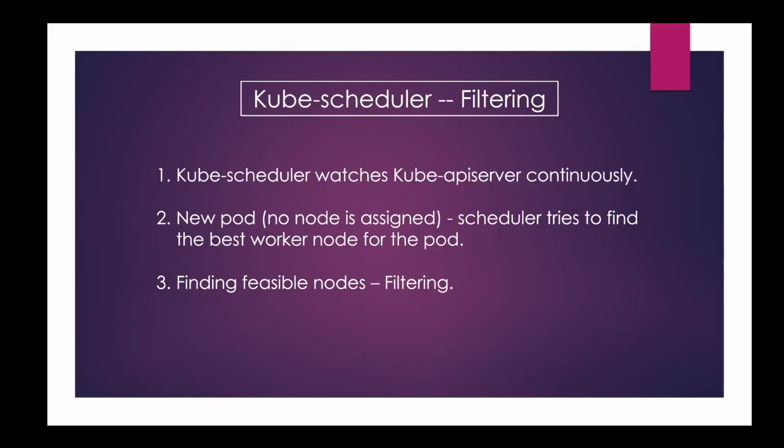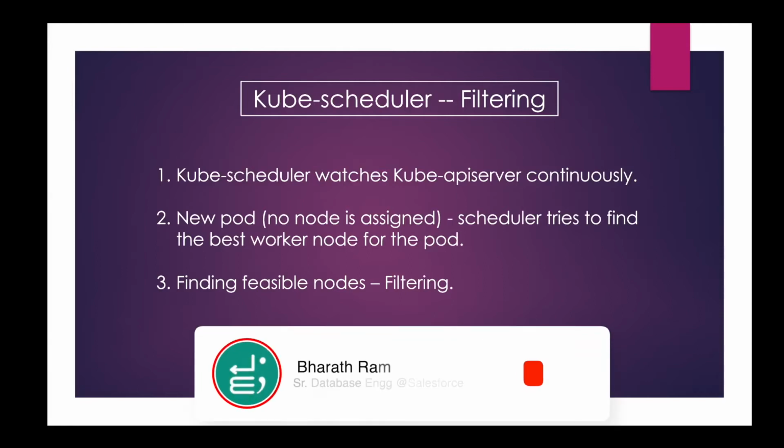So once the Kube API server component creates a pod in response to whatever request, the API server only creates the pod, but it does not assign a node. The scheduler does that work.